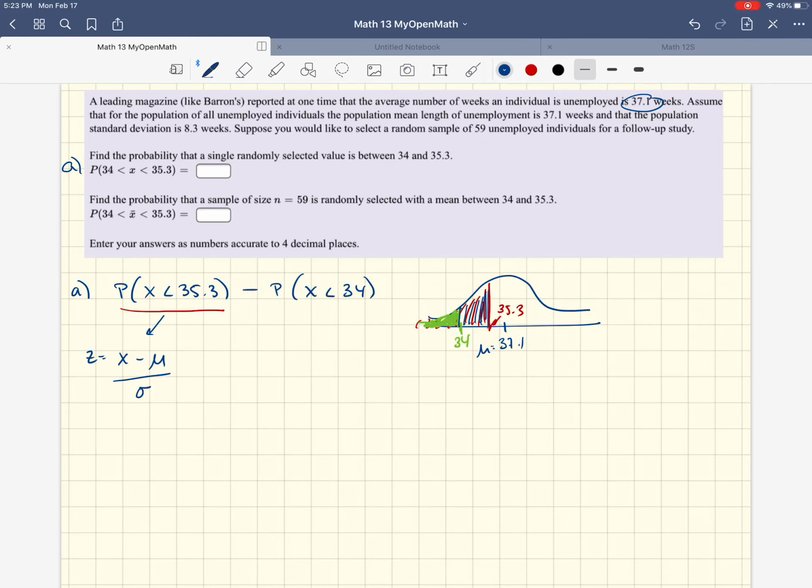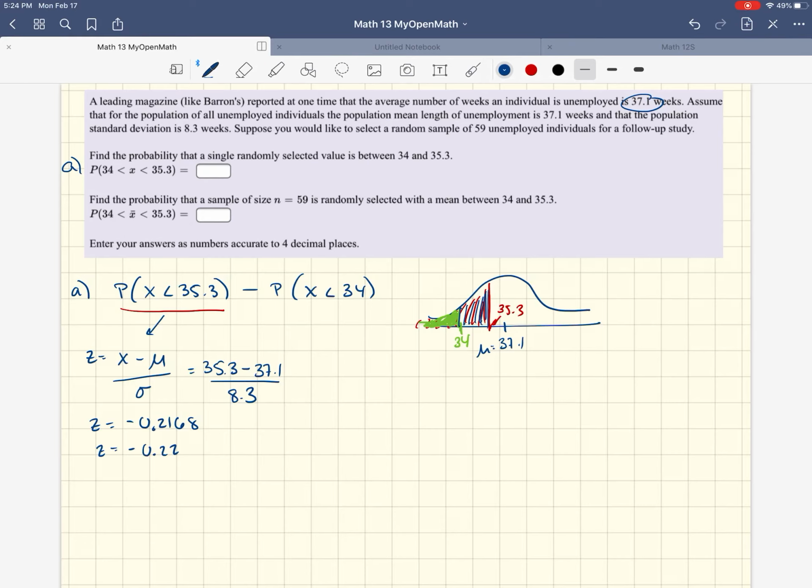In part A, we don't have a smaller sample size, so we can simply use 35.3 minus the mean, which was 37.1, divided by the standard deviation of 8.3. When we plug that into our calculators, we should get negative 0.2168. Z-scores don't get that specific, so let's approximate negative 0.22.